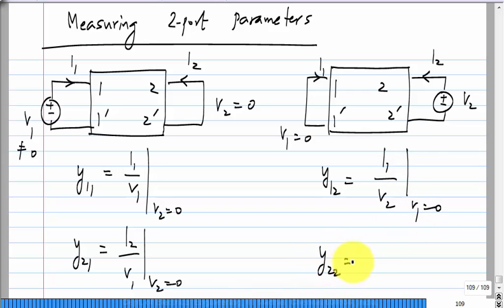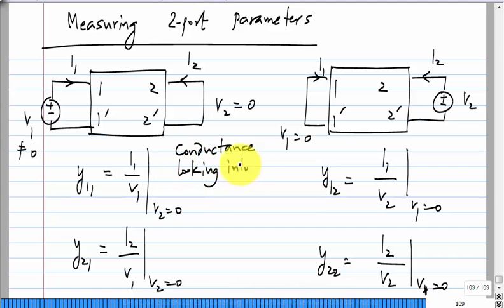And Y22 is the conductance looking into port 2 with port 1 short circuited. That's what this is, and this is similar. Is this okay? Essentially, we measure two conductances and two transconductances, right?